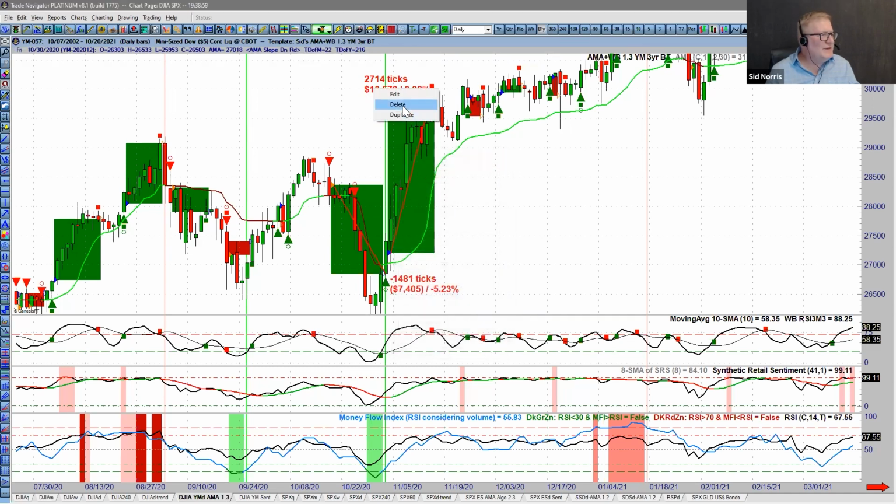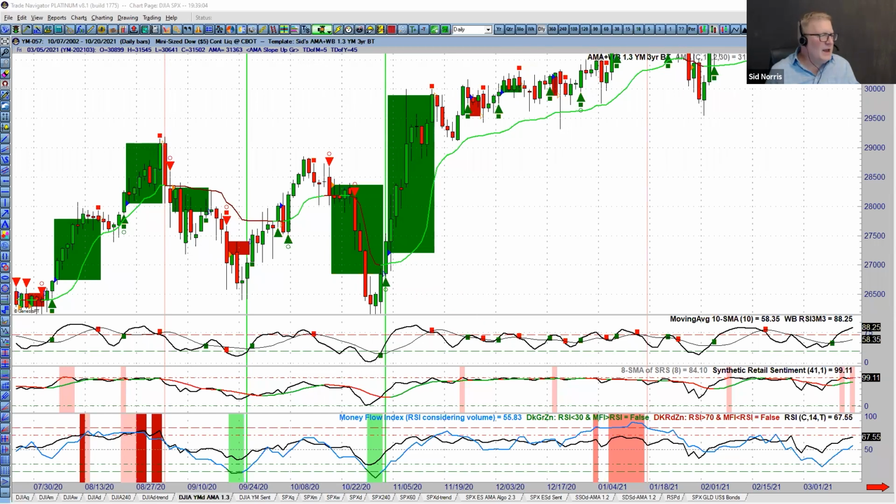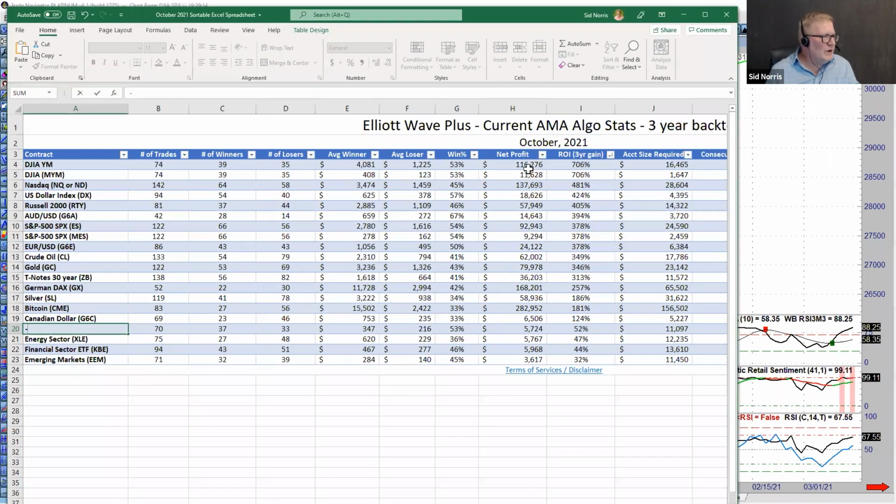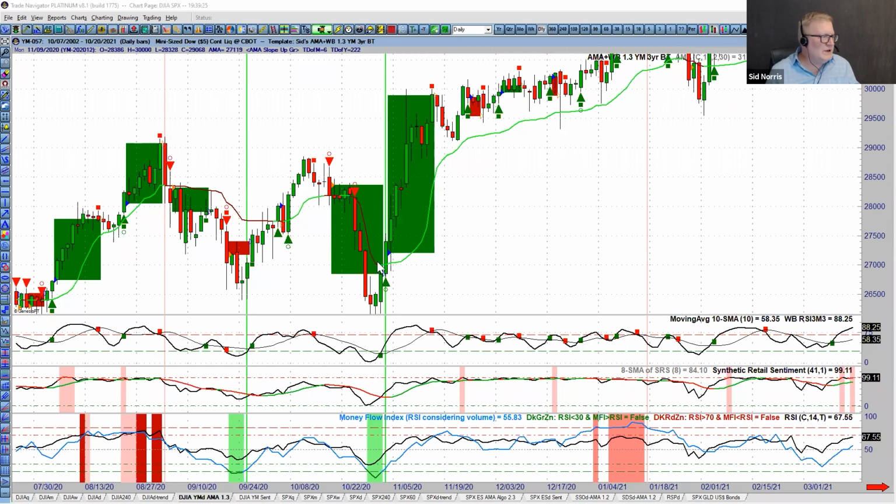And here, this explains why, with only a 53% winning percentage on this algo, it can bring in $116,000 worth of profit over 3 years with a starting account size of $16,500. And the reason is because it lets the winners roll until they lose momentum.